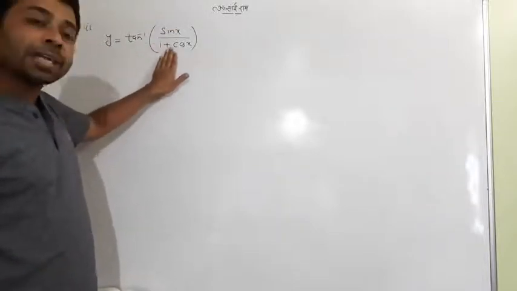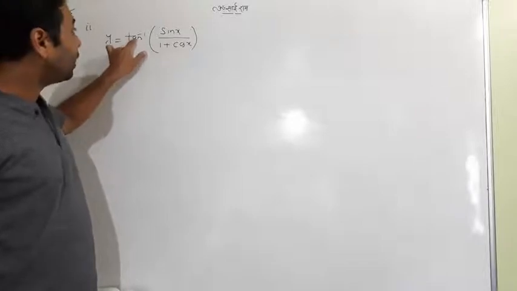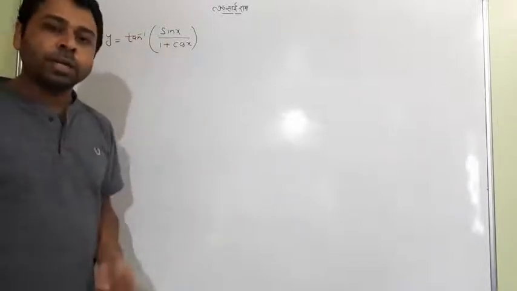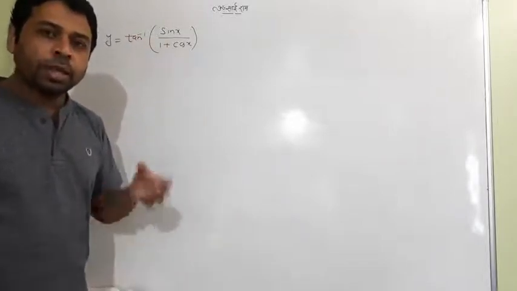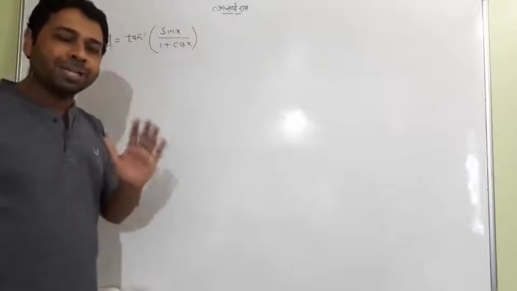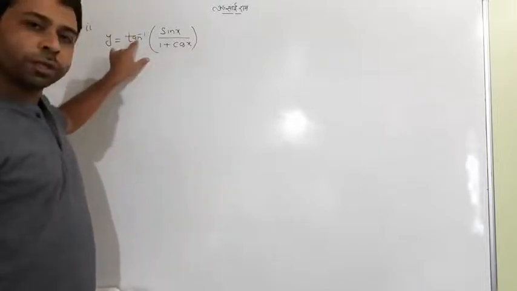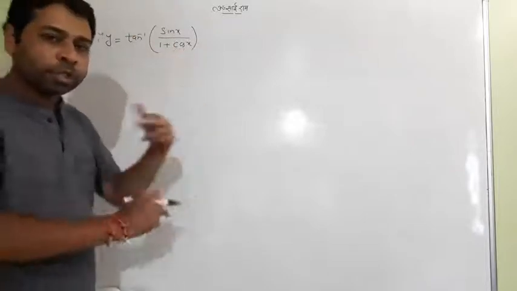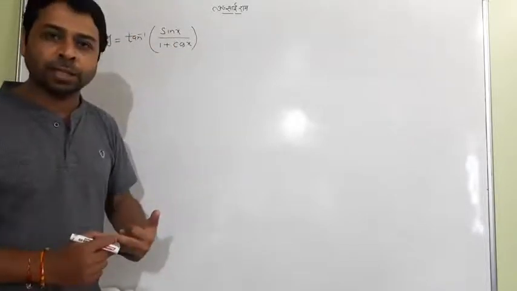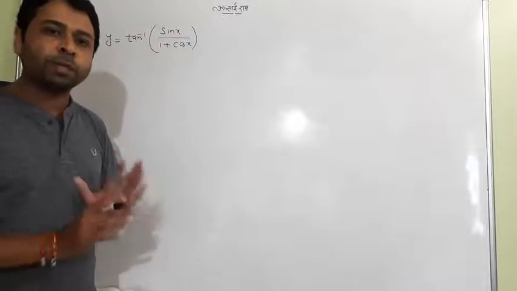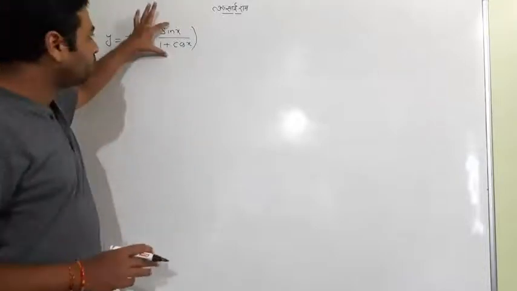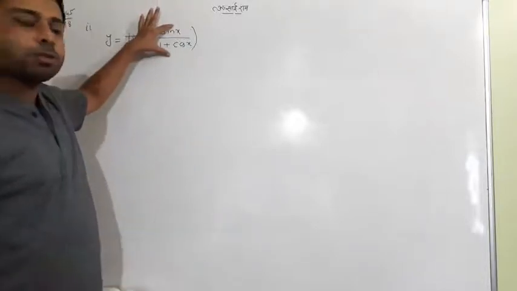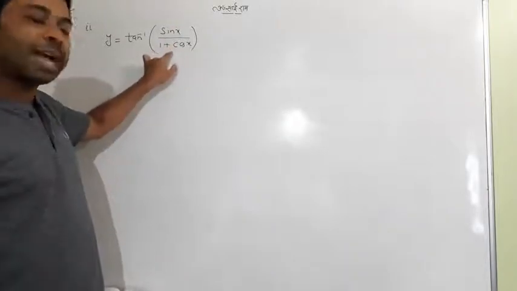If it is tan or cot, definitely tan inverse will operate with this and make it easy. So I repeat: whenever an inverse function is coming with this kind of function where sine or cos or some trigonometric function is already appearing, you don't have to substitute any value. You just have to simplify the term and try to create tan or cot here.